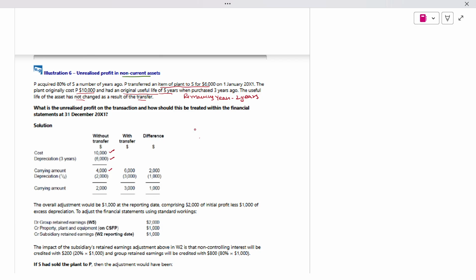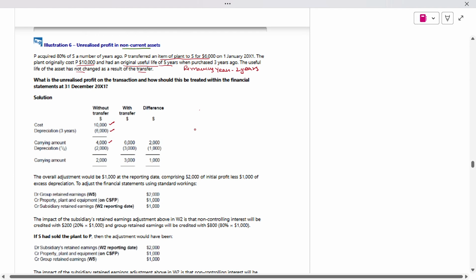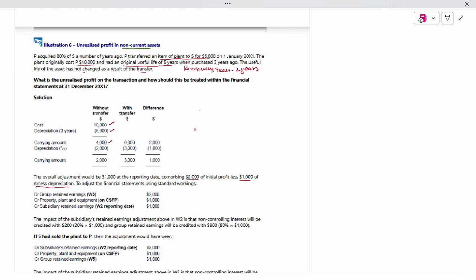The overall adjustment will be 1,000 at the reporting date, comprising 2,000 of the initial profit less 1,000 excess depreciation. Is it right? Now what do they say?